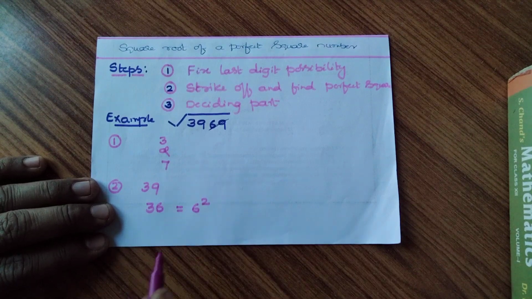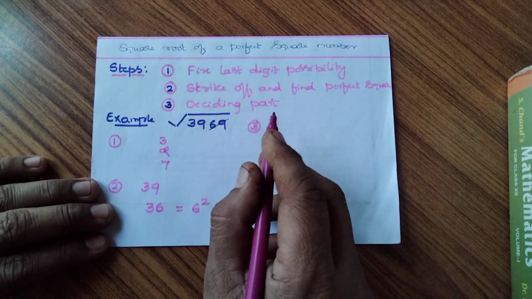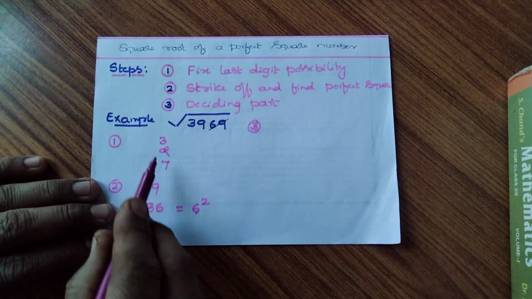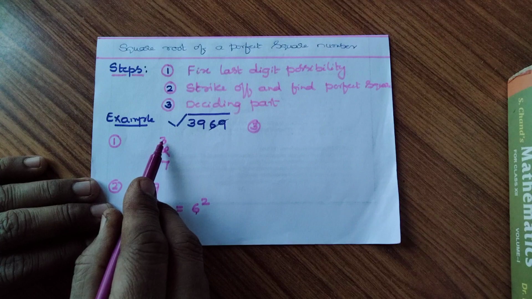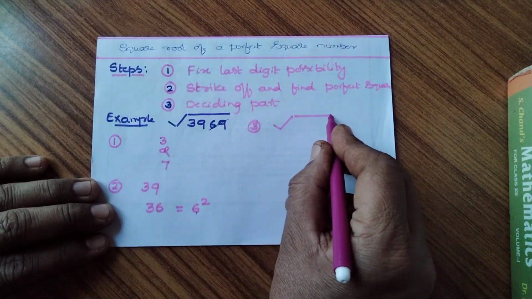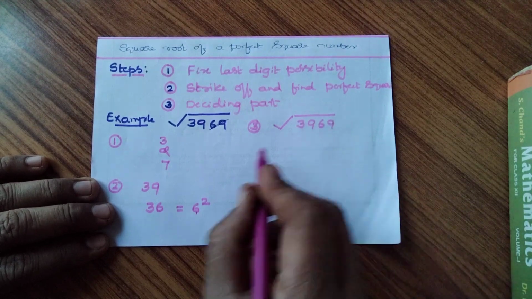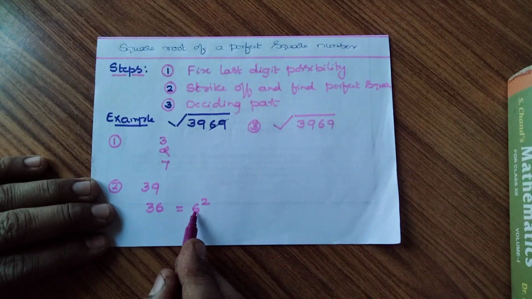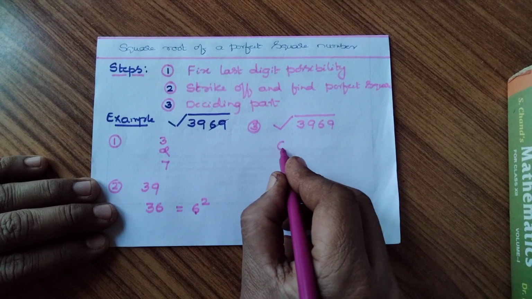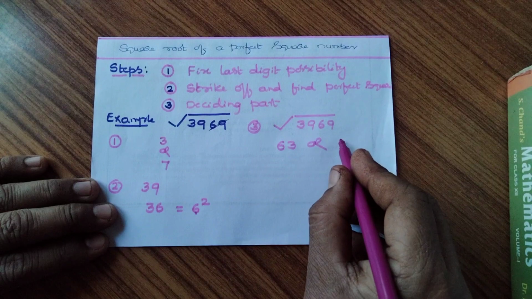Next part is the deciding part. To decide, we make use of this 6 with the last digit you have fixed. So I mean the square root of the given number 3969 is either 6 and 3, that is 63, or 6 and 7, 67.